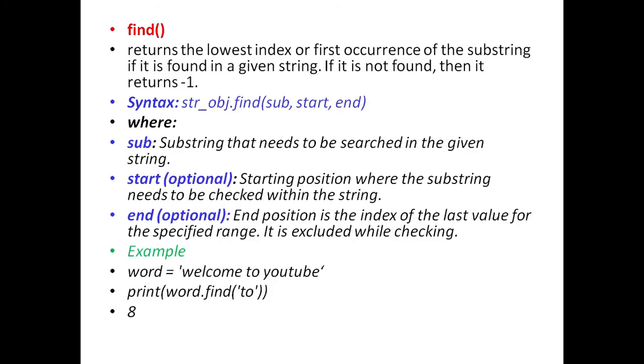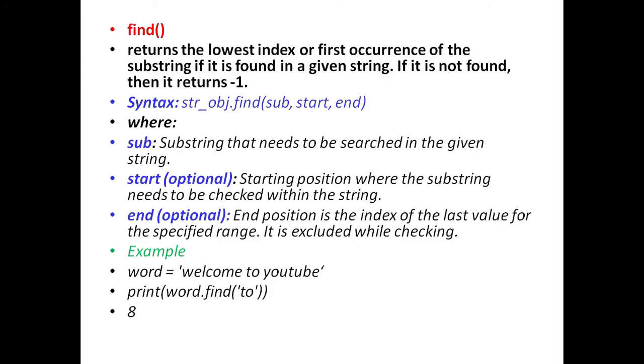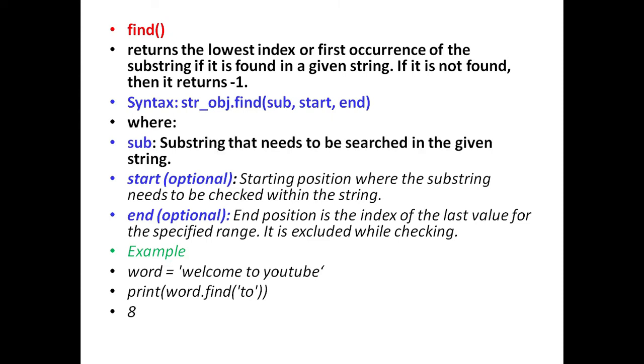Next is find. This function returns the lowest index or first occurrence of the substring if it is found in a given string. If it is not found, it returns -1. General syntax is string dot find, then sub, start and end, where sub is a substring that needs to be searched in the given string.